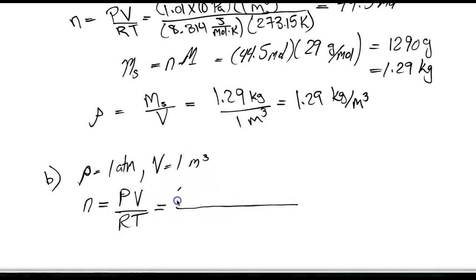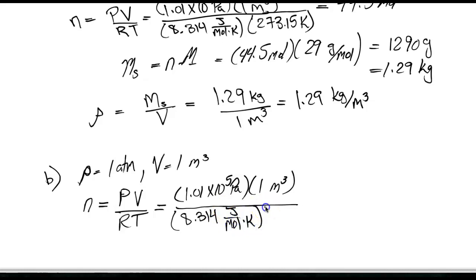So if we plug in these numbers, we get 1.01 times 10 to the 5th pascals times the 1 meter cubed divided by the gas constant times the temperature, which is 120 plus the 273.15 kelvins.